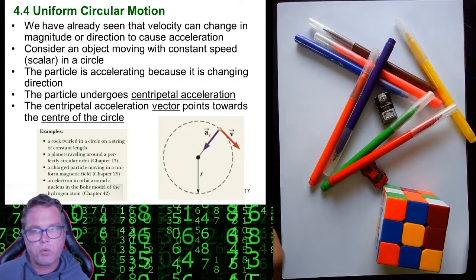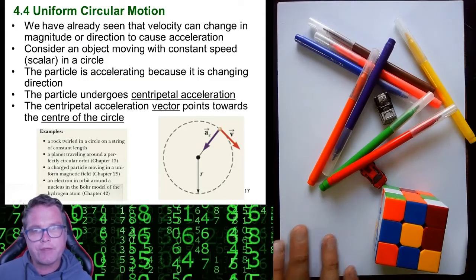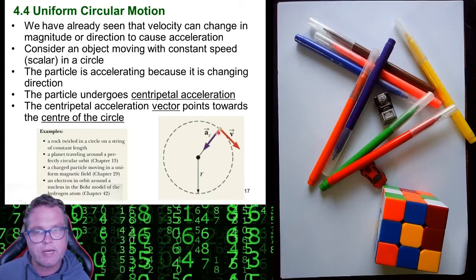One interesting question to ponder is, if the centripetal acceleration points towards the center of the circle, why doesn't the particle accelerate towards the center of the circle? Why does it remain in this circular trajectory? The answer is, if the centripetal acceleration wasn't there, the particle would have moved in a tangent to the circle. So if suddenly the centripetal acceleration disappeared, the particle would continue moving in a straight line tangent to the circle.